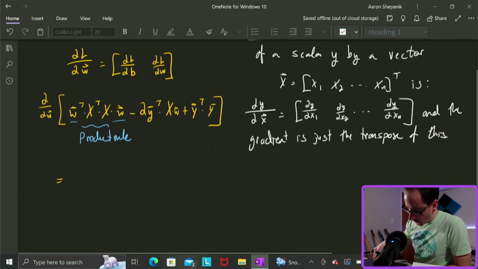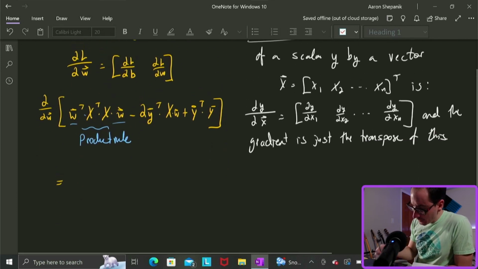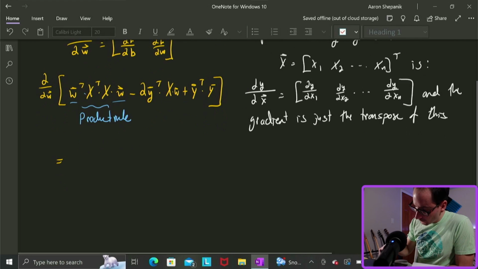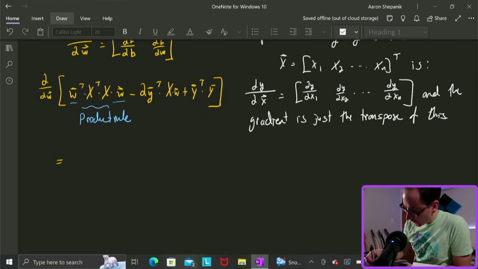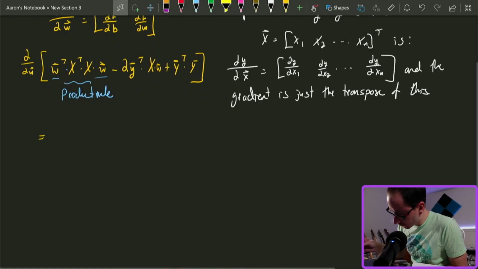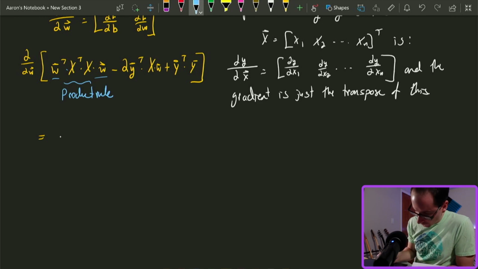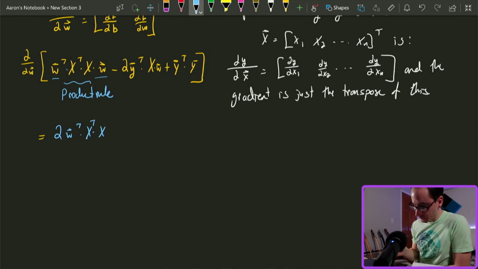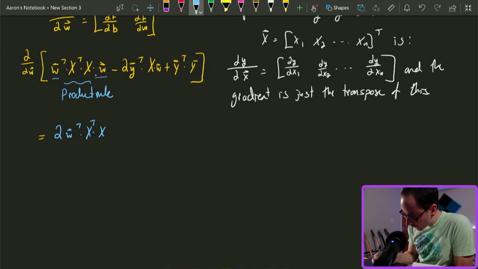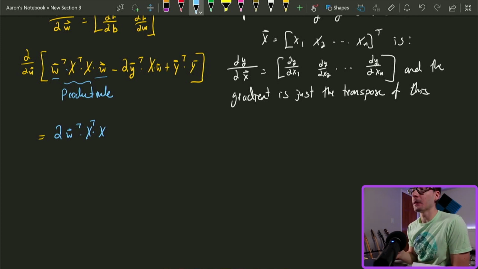Okay. So applying the product rule here is going to leave us with 2 W transpose dot X transpose dot X. You can think about it like the derivative of the first times the second plus the first times the derivative of the second, and then we can do some combining there.